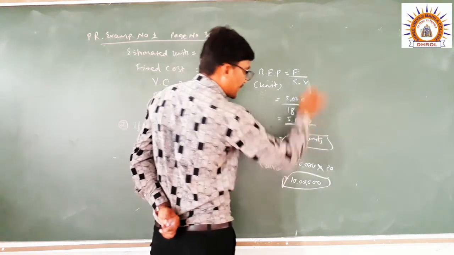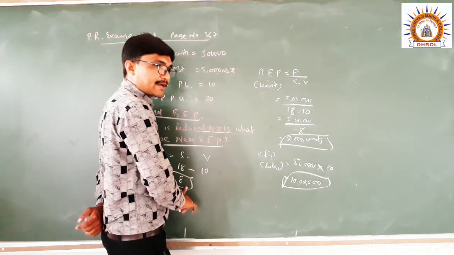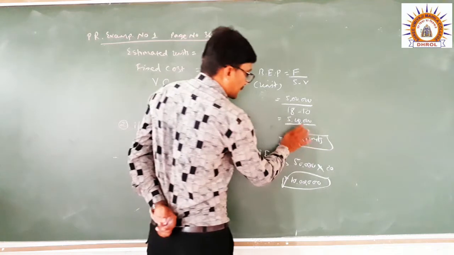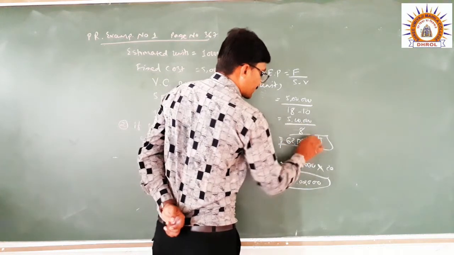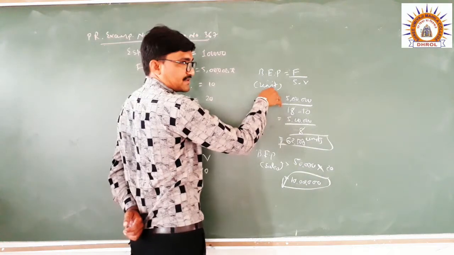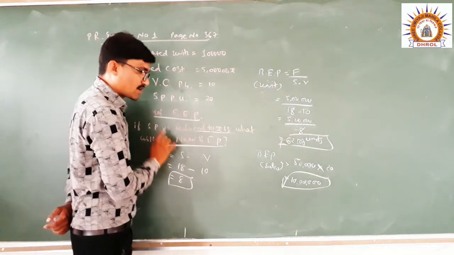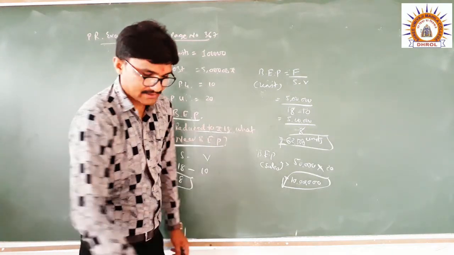So the 8 rupees per unit contribution we already calculated. So the answer is 62,500 units. The same formula is required. See, this is your second problem and its answer.